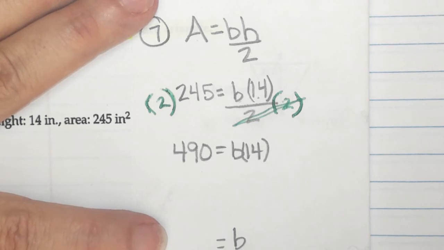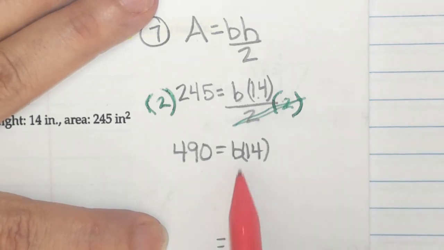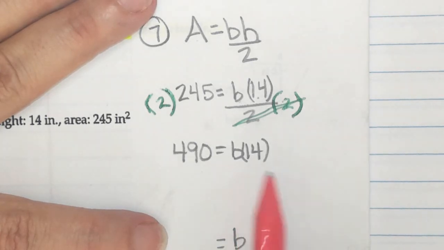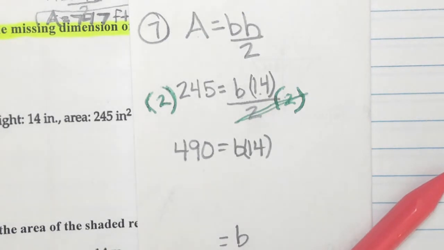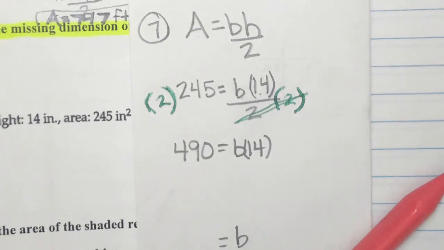Okay. Now, B is still not by itself. So I got to get rid of that 14. Well, 14 up against B means multiply, right? So the opposite of times 14 is divide. You got it?